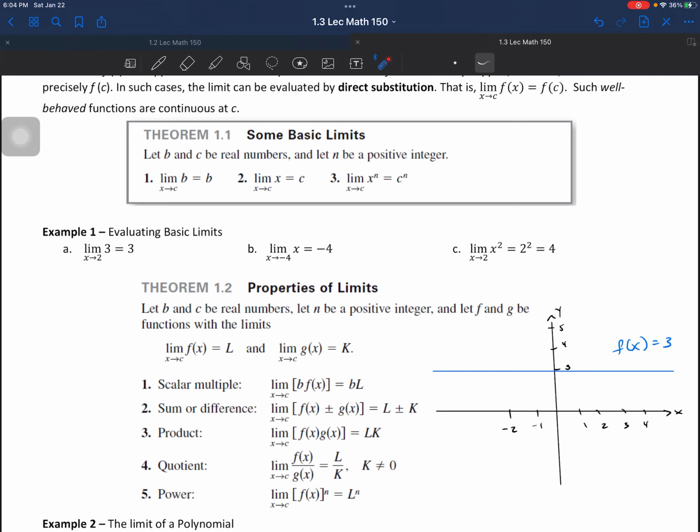The other one that we have now is the case where we have an actual function of x. Let's say this function is 2x. I'm going to write a few things here. The graph will look like this.